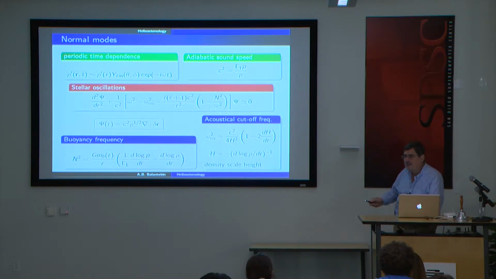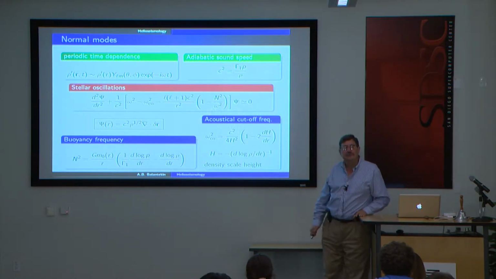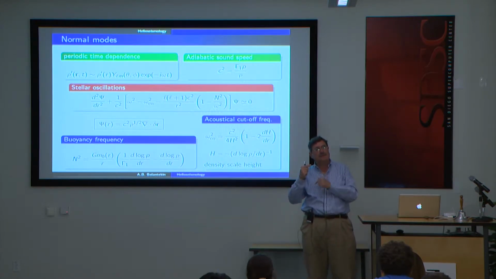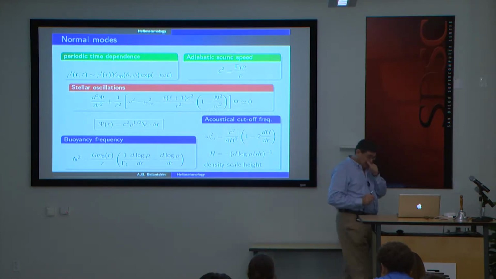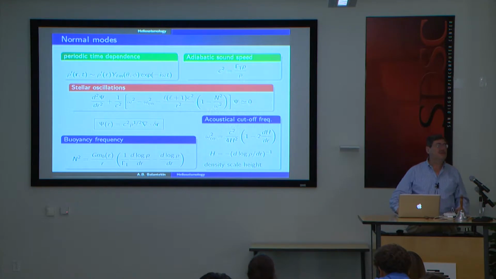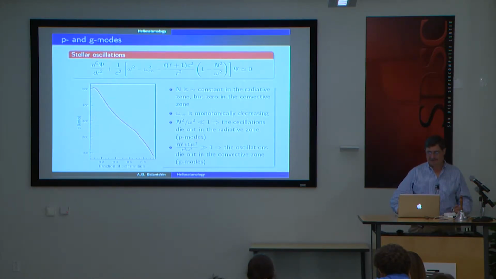So it's not possible from helioseismology to measure the pressure variations and the density variations or their radial dependence in the star directly. You can actually get the ratio. That's an important constraint on many solar models, and I'll come back to that in a second.